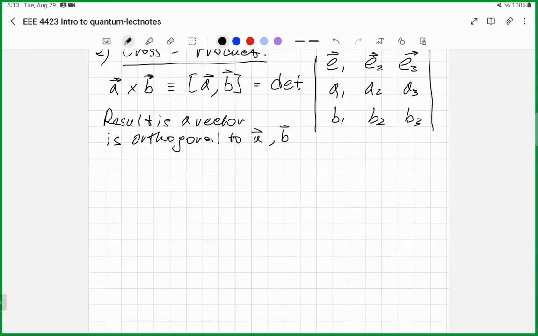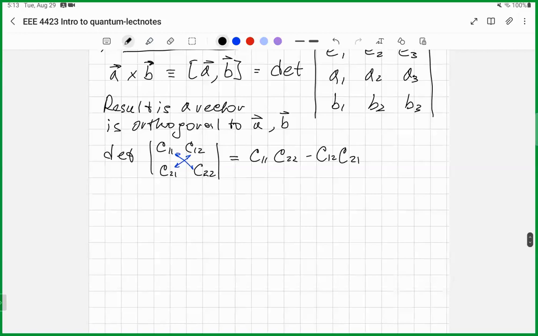I just remind you that the determinant of a 2 by 2 matrix, with components C11, C12, C21, C22, is equal to the product of the diagonal components minus the product of the off-diagonal components. So it is equal to C11 C22 minus C12 times C21.